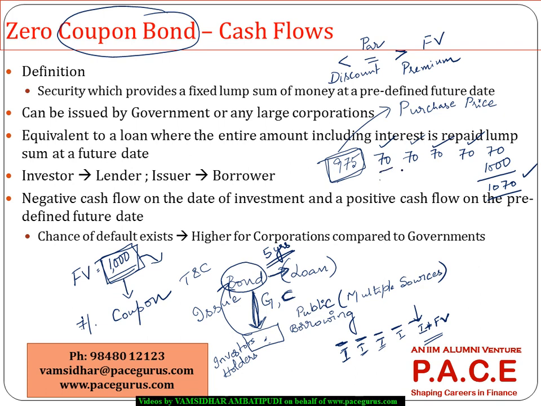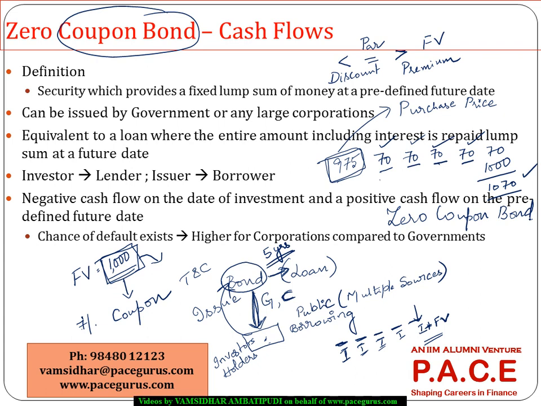So, if these periodic payments do not exist and only the face value is paid on maturity, we call those kinds of bonds zero coupon bonds, because coupon is zero at each of the intermediate intervals. There is literally no payment being received.